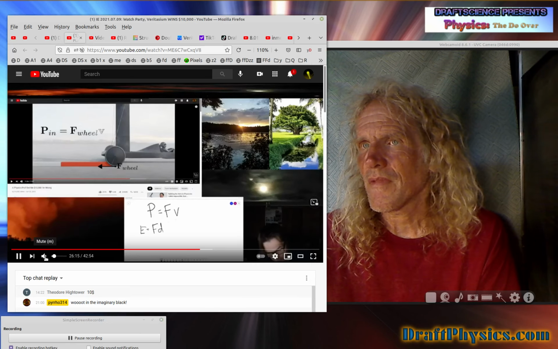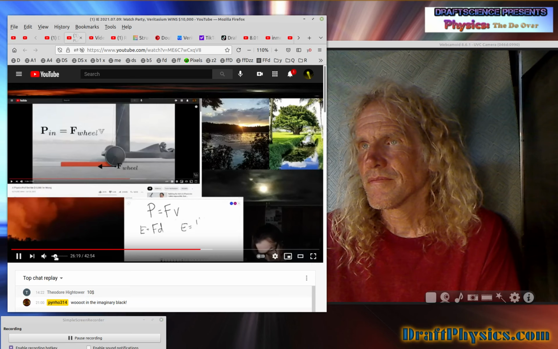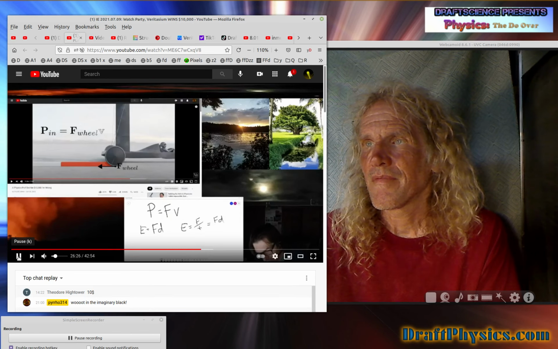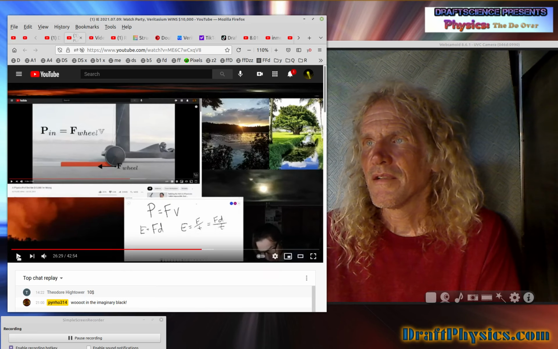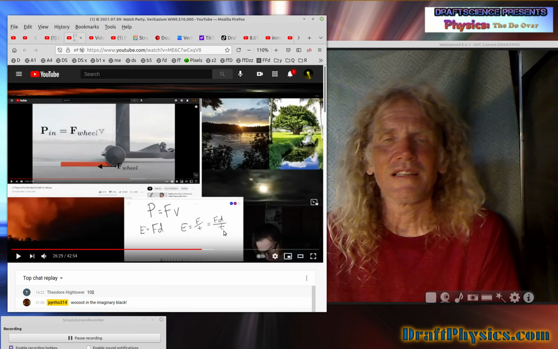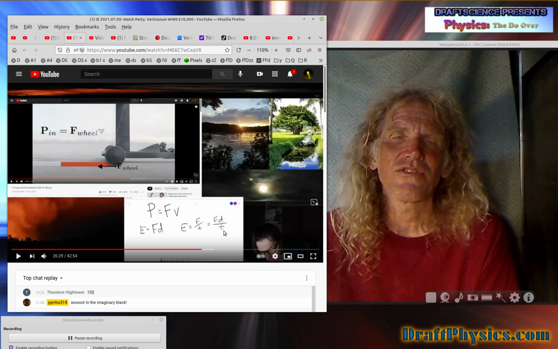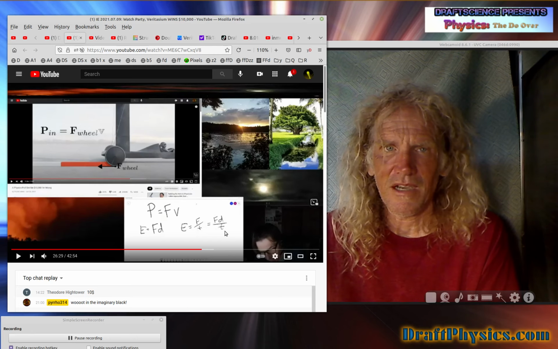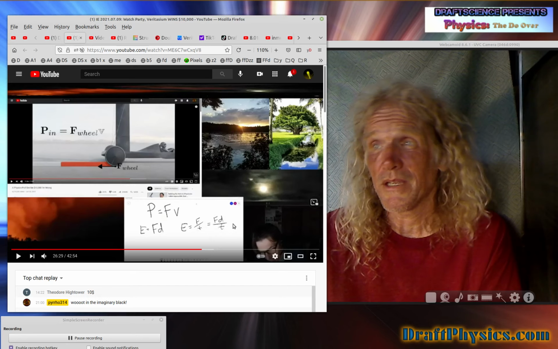Power equals the force times velocity. See how that works? That's because energy equals force times distance, right? So this whole distance and time thing is just units. Time is just a unit. It could be a second, it could be a minute, it could be an hour.